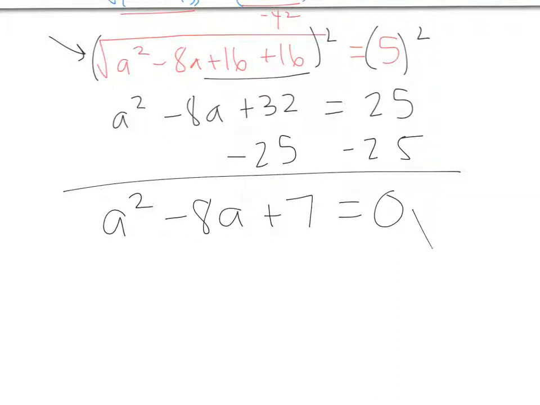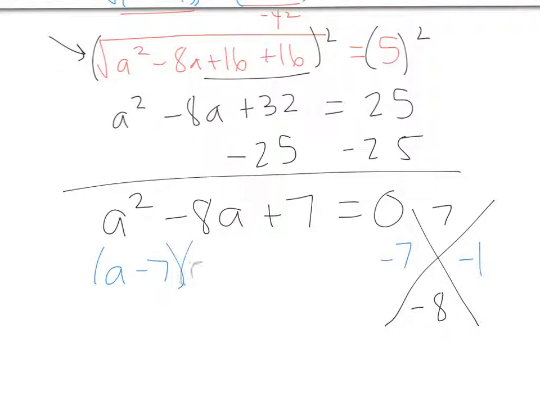Now I'm going to use the diamond method because 1 is in front of A squared. So factors of 7 that when added together give me negative 8 are, you guessed it, negative 7 and negative 1. So I get A minus 7 times A minus 1 equals 0. So my two solutions are 7 or 1.